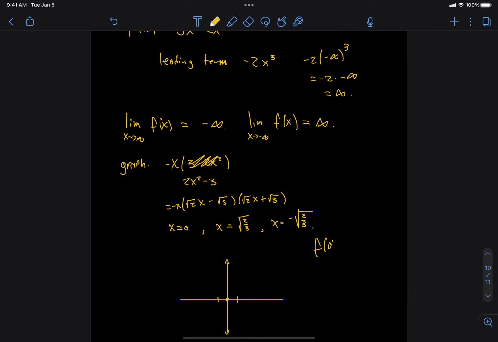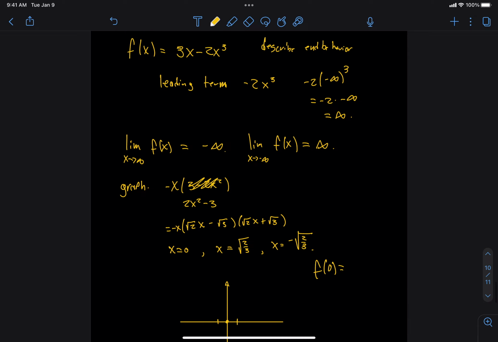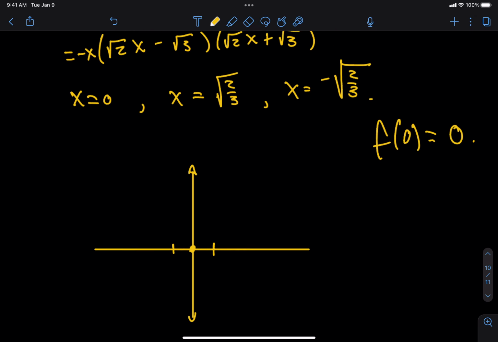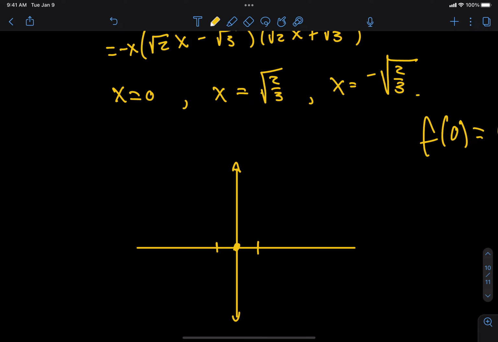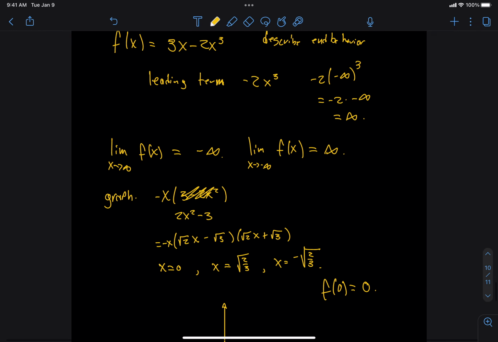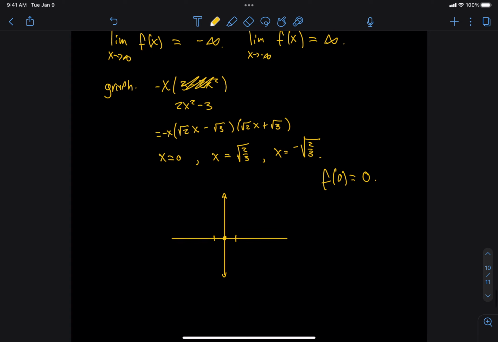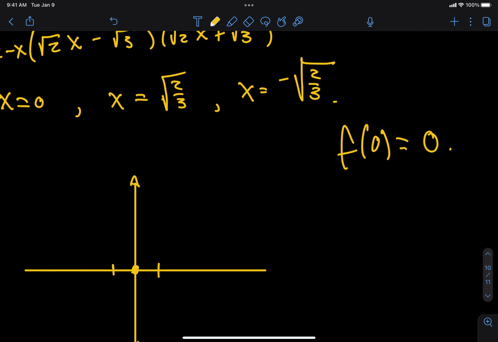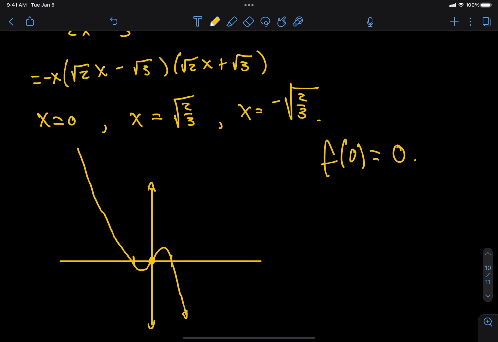F of 0 is 0, so we know we pass through the origin. Our end behavior should be negative on the right and positive on the left. So we come down from on high on this side, pass through, and then pass through, and then pass through, and go down. Something like this could be what we get.